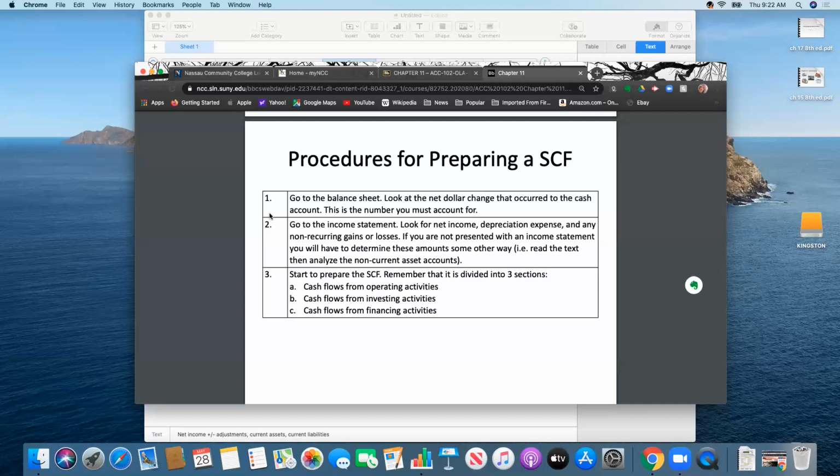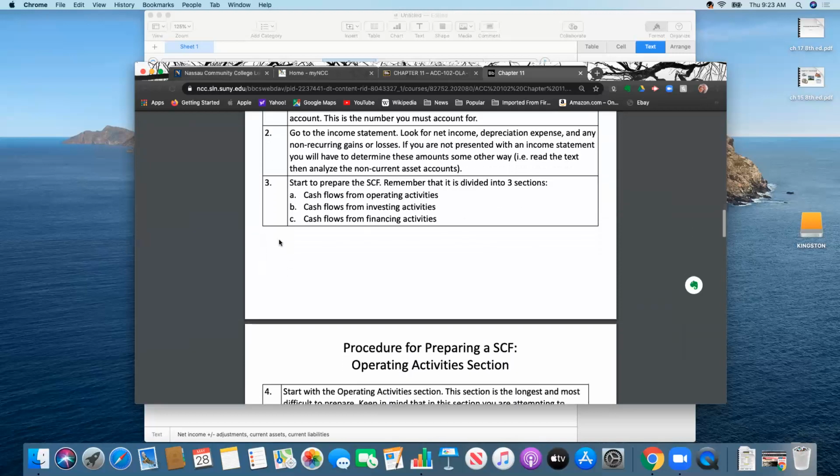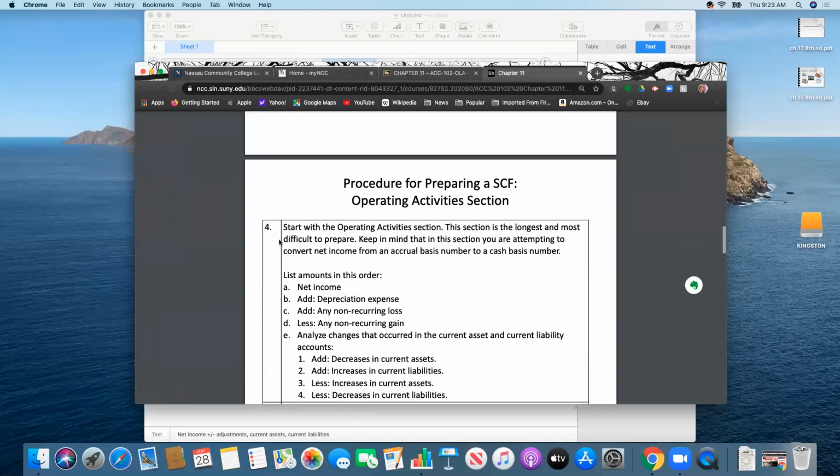So now you can start to prepare the statement. Take your piece of paper and divide it into 3 parts. Cash flow from operating activities, cash flow from investing activities, cash flows from financing activities. Now, the longest part usually is the operating activities. So just make sure if you're doing the problem by hand, you leave enough room for that.